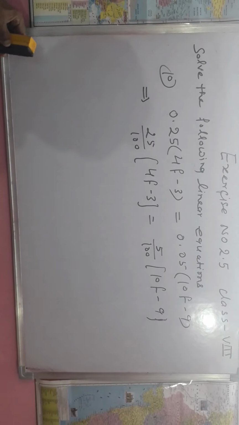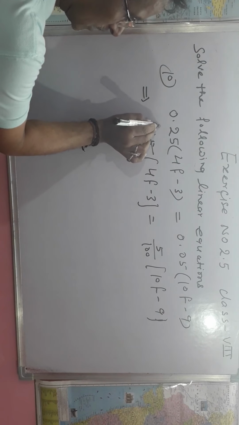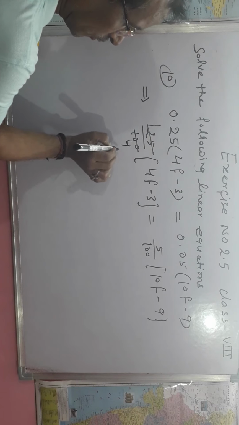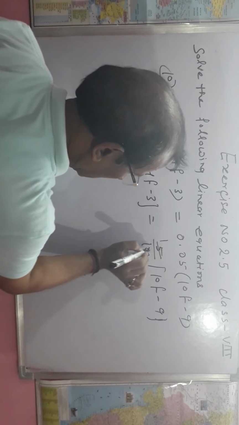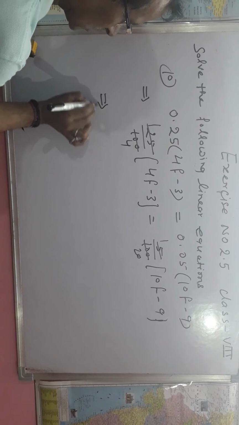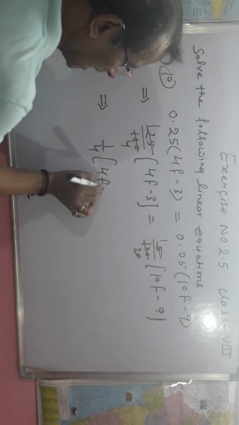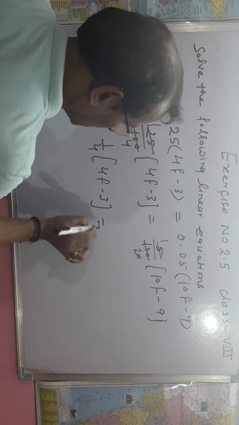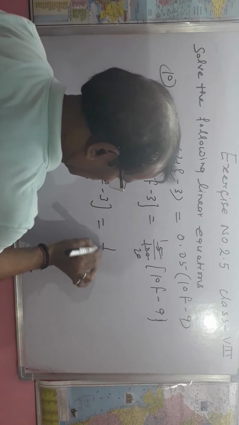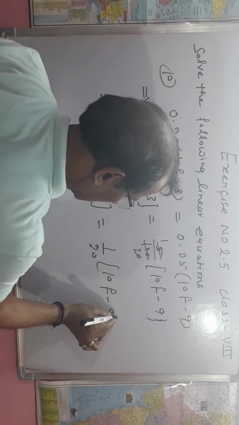Then we divide, cancel: 25 ones are 25, 25 fours are 100, 5 ones are 5, 5 twenties are 100. We get 1 upon 4 (4f minus 3) is equal to 1 upon 20 (10f minus 9).